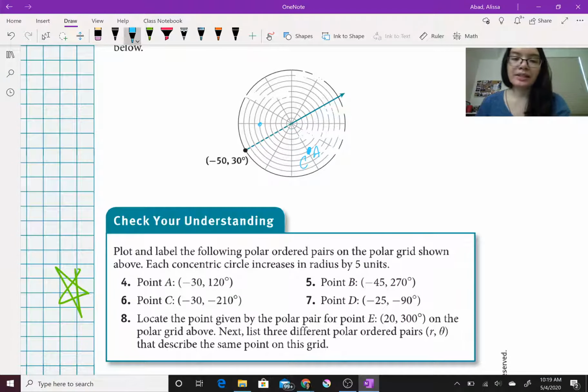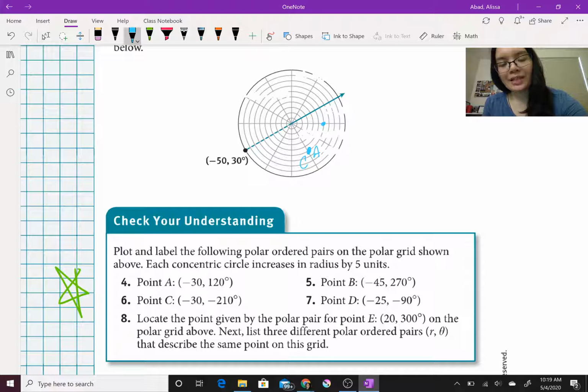I'll do another way. So let's say I was doing 30 and I wanted to go negative 210 degrees. So I'm going to go from the positive x-axis, and this is at 0 degrees. I'm going 210, negative 210. So that's going to be in a clockwise direction.